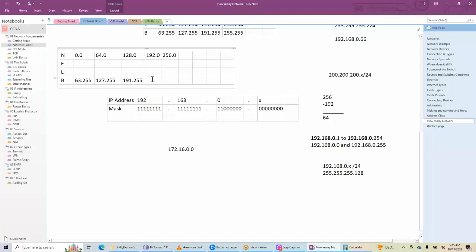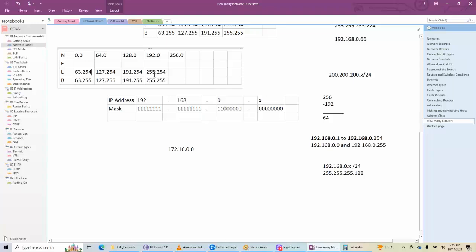And this one's going to be 255.255. Then the last host addresses are 254, 191.254, 127.254, and 63.254.